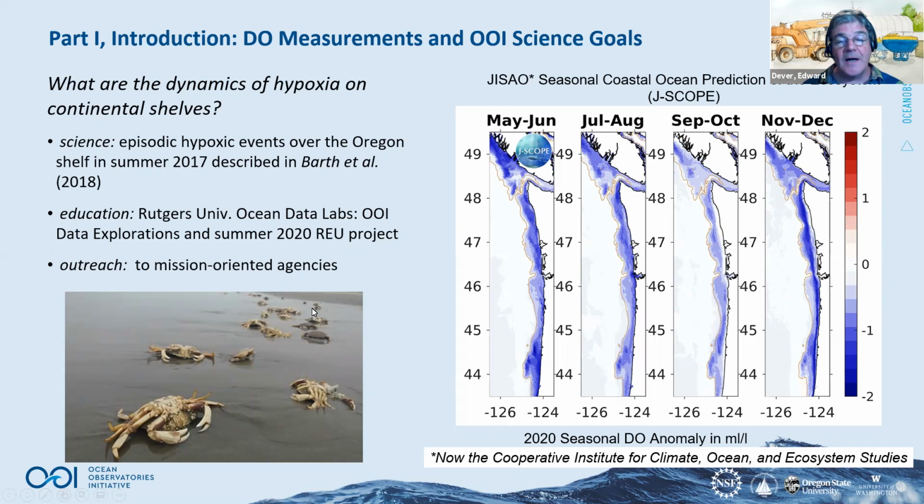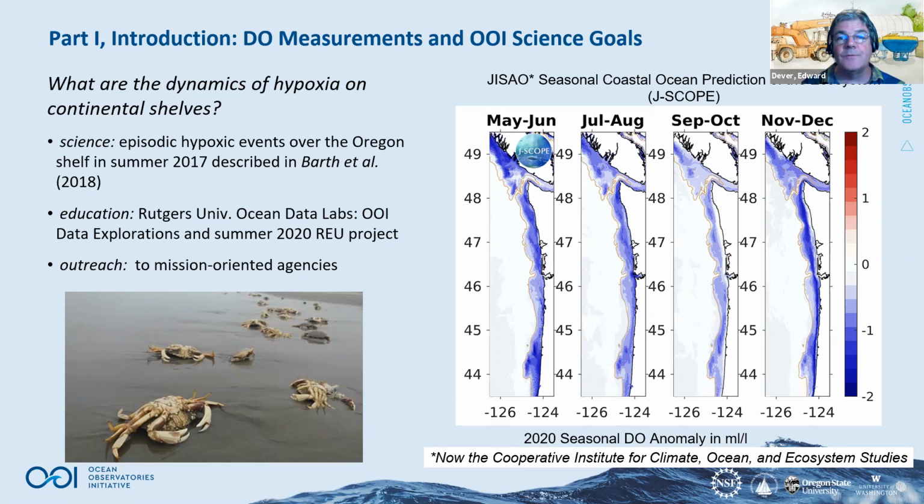And what you can see, this is predicted to be a worse year than average. You can also see the spatial distribution of hypoxia over the Washington and Oregon shelves, basically every place inshore of the shelf slope break shown there in the brown line. So the J-scope forecast gives data every place.